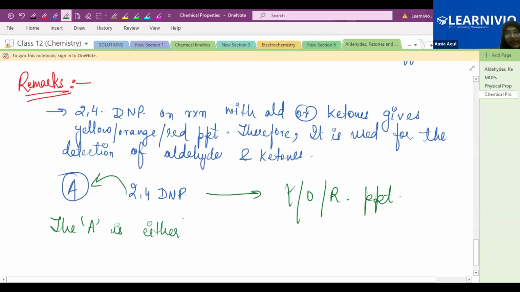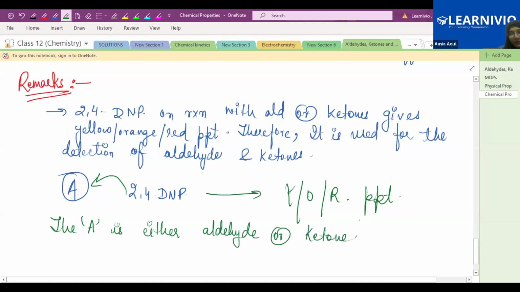The CO group, the carbonyl group, is present in aldehydes as well as in ketones. So you now know that this compound A is either an aldehyde or a ketone. It distinguishes aldehydes and ketones from other groups like esters, carboxylic acids, and alcohols.